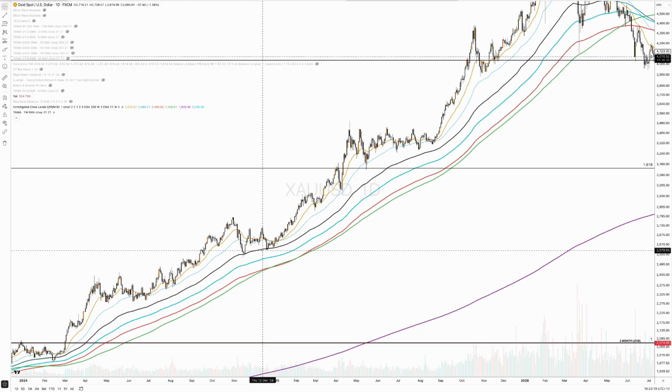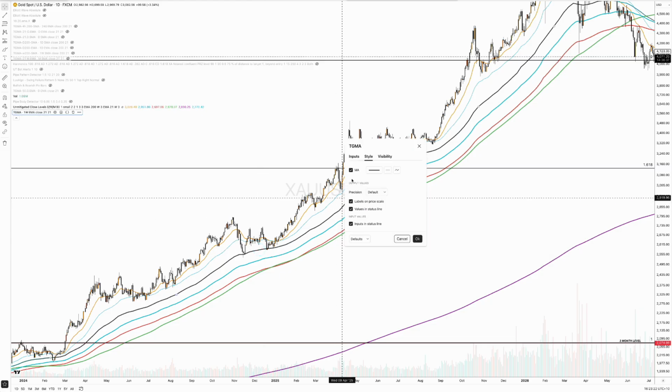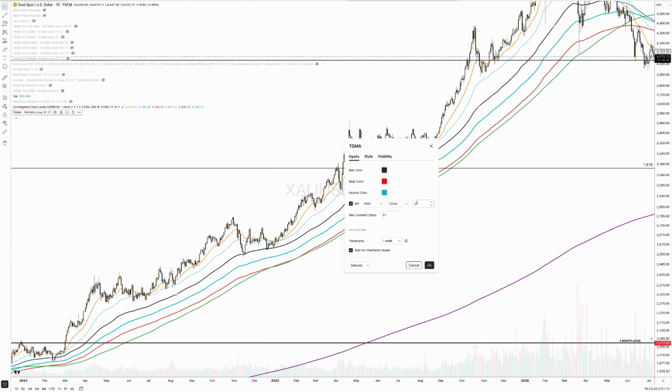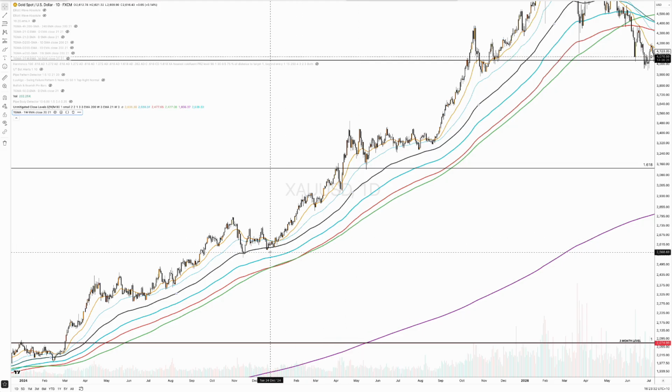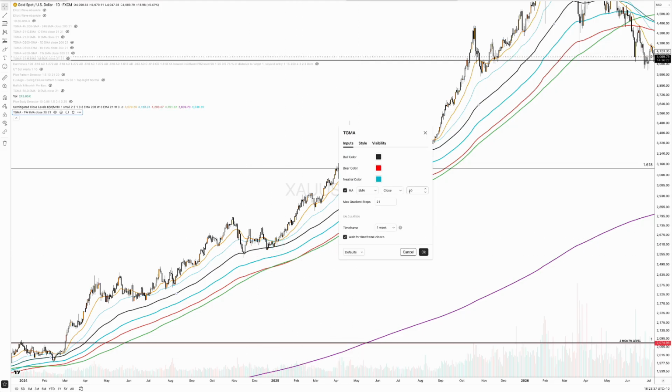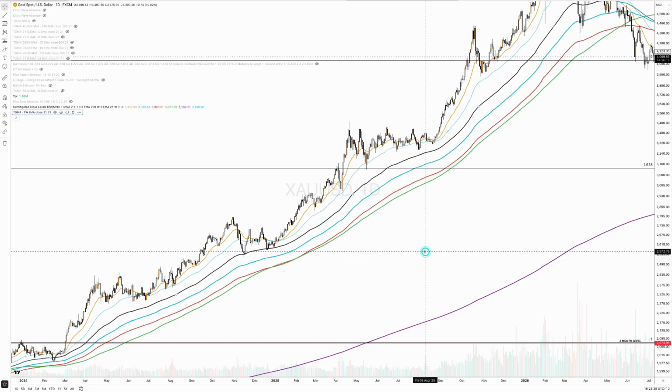That value is the 21 moving average. Some people prefer to use 20. Realistically, it depends on the context and the chart, and you might have to adapt to it. Here you can see it's slightly too high for us. So 21 is my normal one that I use.